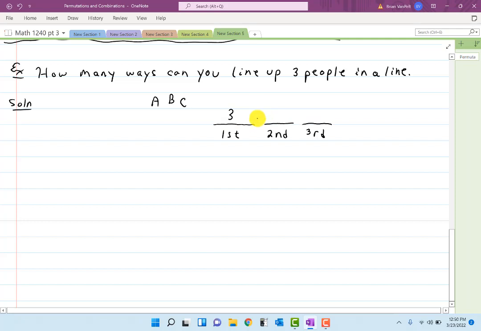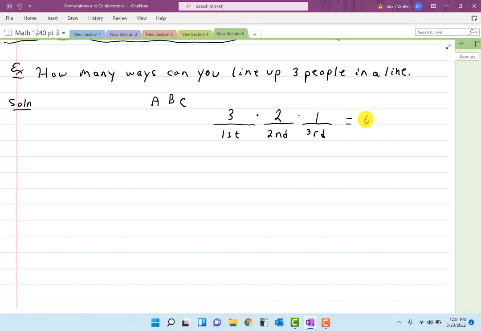So for the second spot, we can choose any of the 2 people that would be left for that position. And then by the time you get to the third spot, well, that last person just has to take it. And you get a total of 3 times 2 times 1, which is 6. In fact, we did a notation for this. This was called 3 factorial.